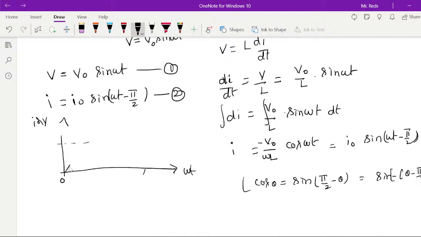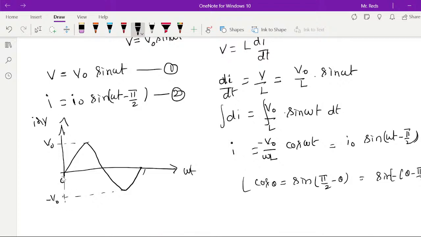So you can consider the sine waveform. This is the peak value of potential, and this is the peak value of potential in the opposite direction, the negative maximum value. Whereas at time t equal to 0, we get minus sine pi by 2, and sine pi by 2 is 1, so it will become minus I naught, a negative value here.